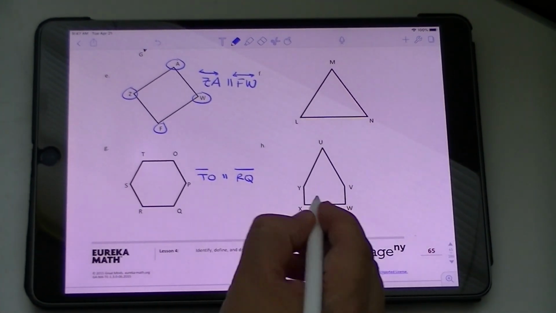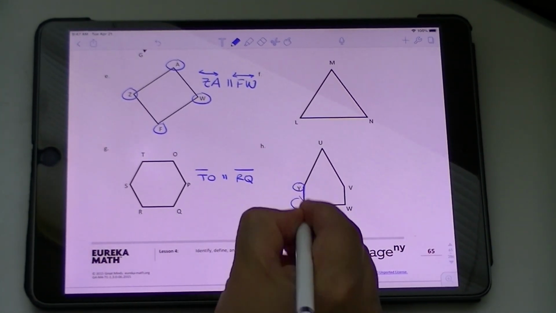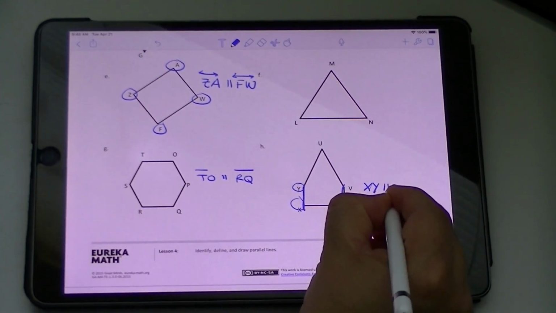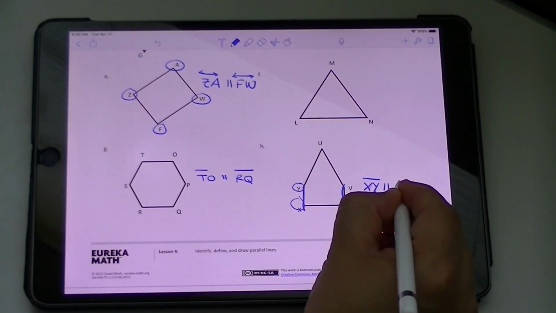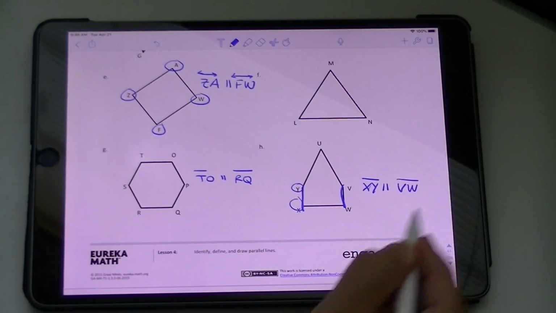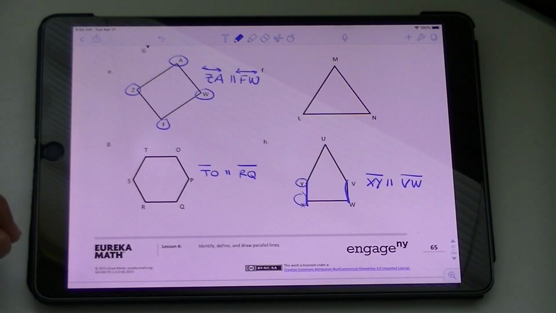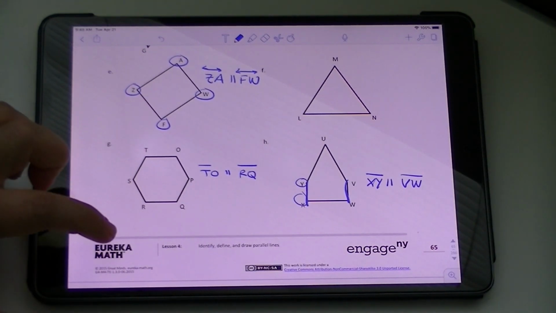Now H is a little tricky because the parallel lines are here. Okay, so it's XY, and VW. And that's it. That's the problem set for lesson 4.